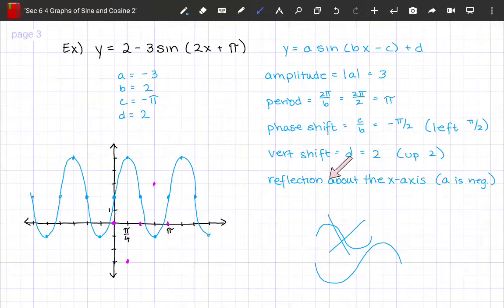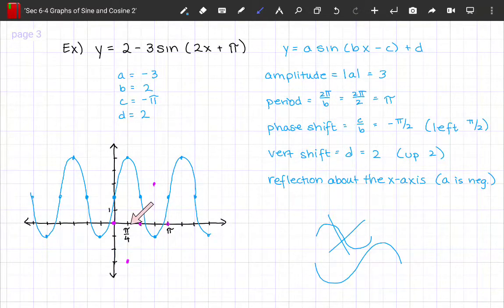But now let's find the shifts. So as far as the shifts go, I have to go left pi over 2 units. Now if 1 square is pi over 4, it's going to take 2 squares to be pi over 2. So I'm going to go left 2 squares and then up 2 squares. So each one of these pink points went left 2 squares to go left pi over 2, and then up 2 squares to go up 2 units. This pink point, left 2, up 2.